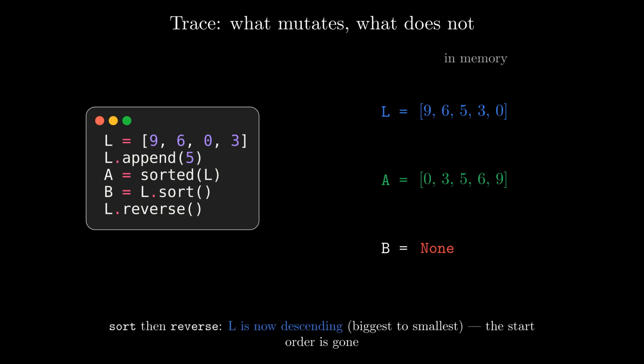Notice the payoff. Sort followed by reverse leaves L in descending order, biggest to smallest, not the original 9, 6, 0, 3. Sort and reverse changed L directly, so that starting order is gone for good, while A still holds its own independent sorted copy.